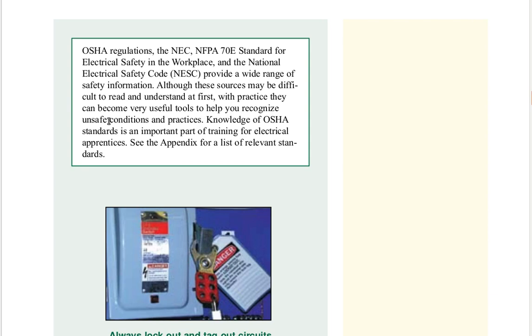Knowledge of OSHA standards is an important part of training for electrical apprentices. See the appendix for a list of relevant standards. Remember, OSHA is the Occupational Safety and Health Administration, NEC, the National Electrical Code, and NFPA, the National Fire Protection Agency. These are bodies existing in the United States of America.